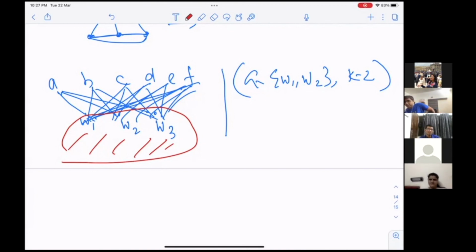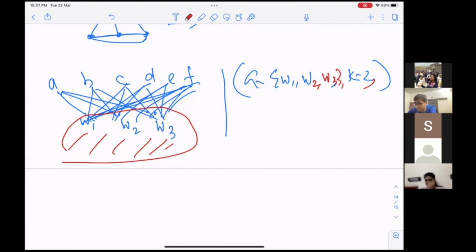Then I'm sure Sonak will say, in this case you have to take W3, and we are basically contracting a clique inside the graph into a single vertex. This is K3, so 1, 2, 3 can be contracted into a single vertex with self loops.